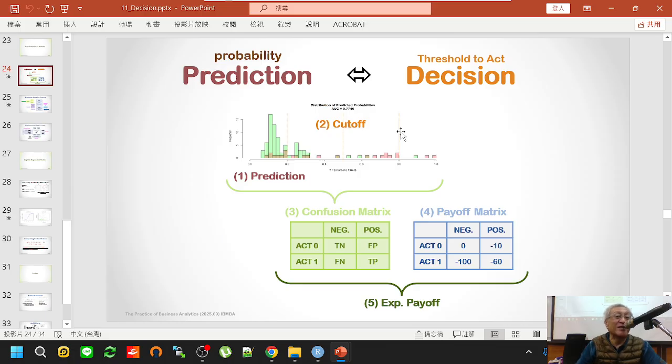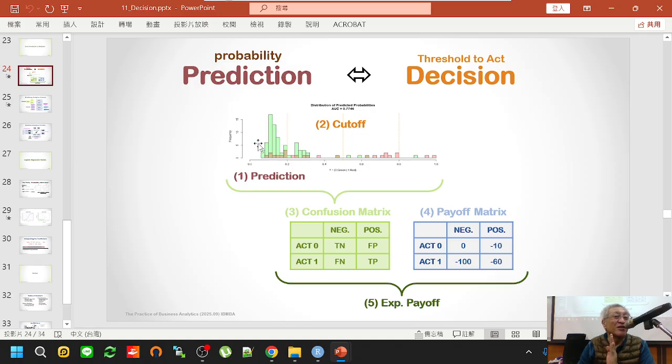In order to do that, in addition to this probability, we need the payoff matrix: the cost of risk and the cost of prevention. This payoff matrix comes from our assumption. Then we simulate this cutoff probability.